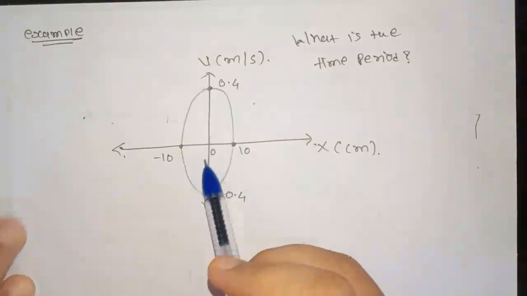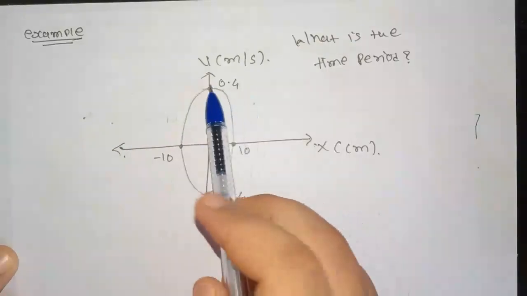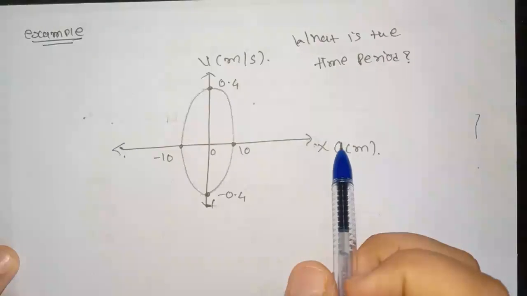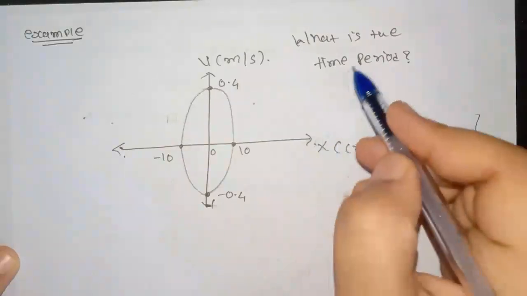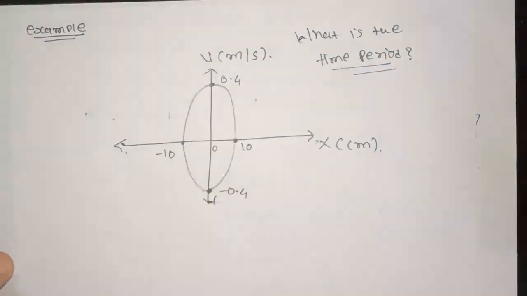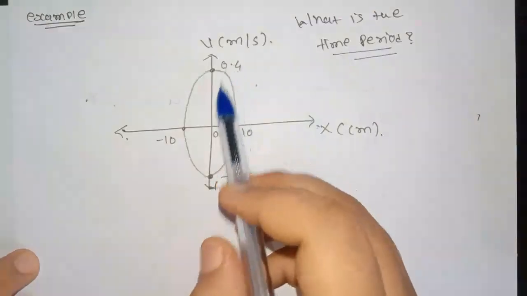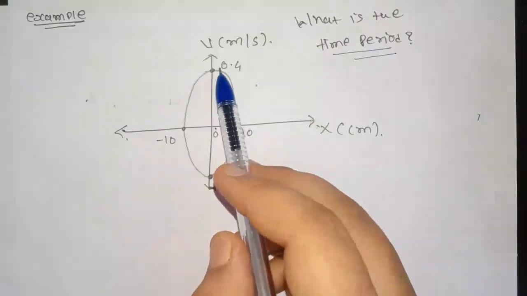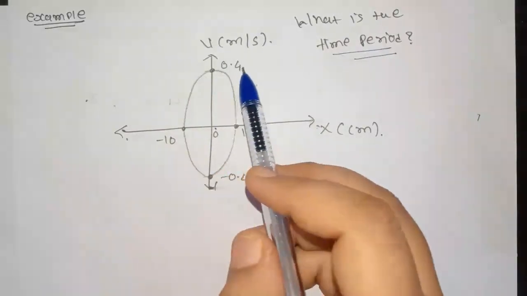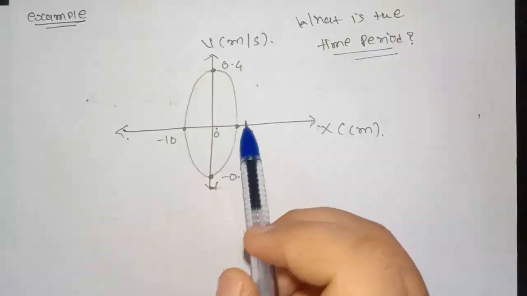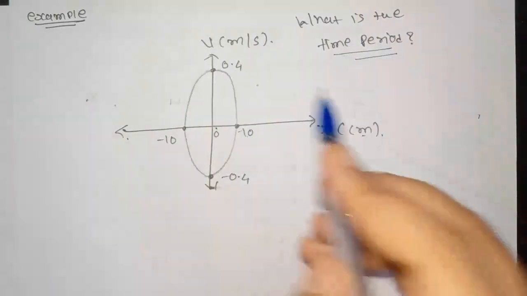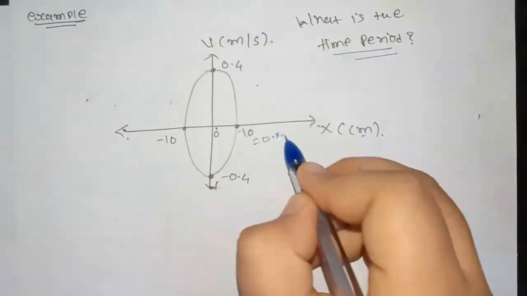In this example, the graph between velocity and position for a particle performing SHM is given. We want to find the time period. From the graph, we can see that at the mean position, that is at x is equal to 0, the velocity is maximum, that is 0.4 meter per second, and the maximum displacement is 10 centimeter, that is equal to 0.1 meter.